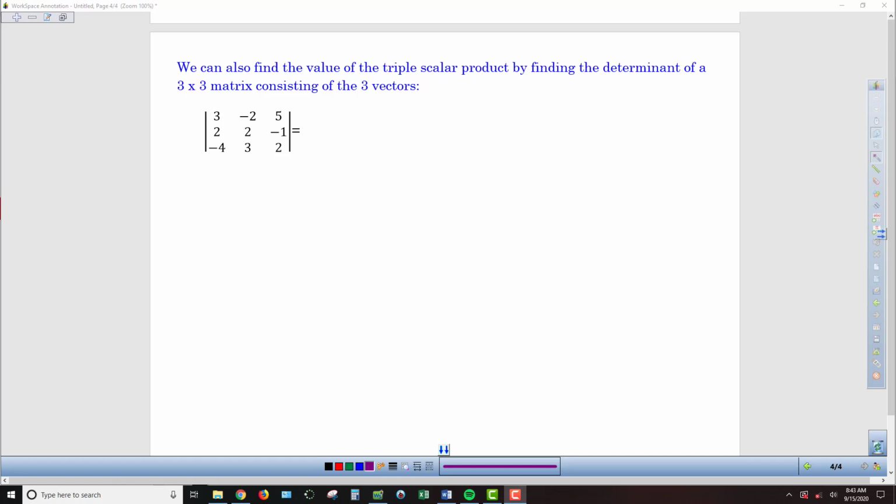Notice the bottom two rows are the same as the matrix we used before, the vectors v and w, but now instead of i, j, and k across the top, I've got my vector u. So we've got u across the top and then v and w in the next two rows. If I just find the determinant of this 3 by 3 matrix directly, that's going to be the triple scalar product.